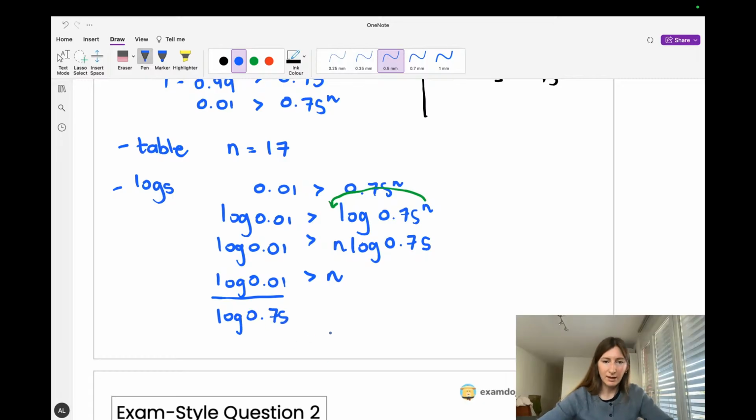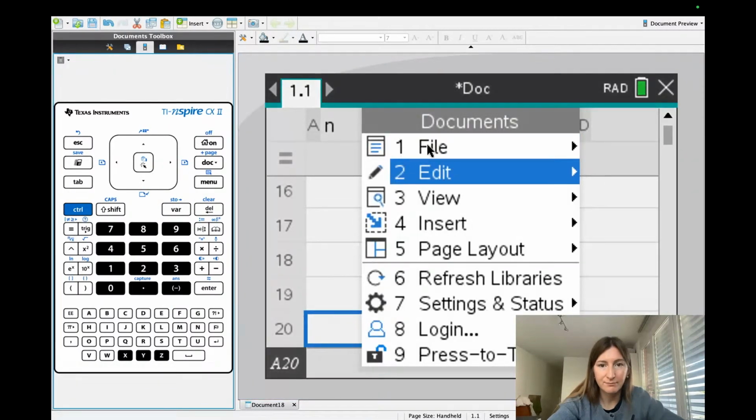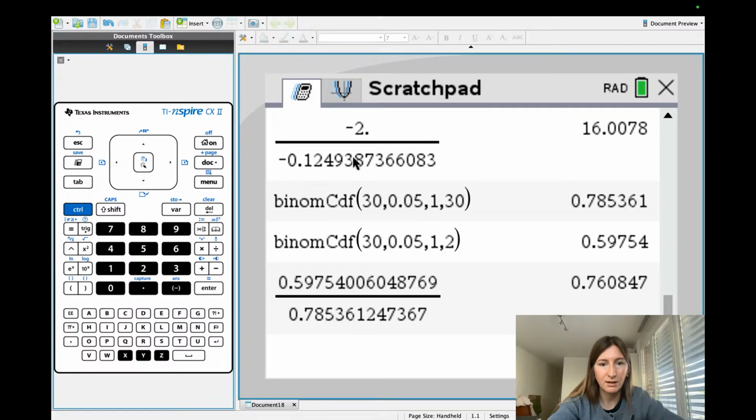Now, quick check here. Anytime you are dividing or multiplying with an inequality symbol, make sure that you are not dividing or multiplying by a negative number. If we are doing that by a negative number, we need to switch the sign the other way around. So I've just divided by log 0.75. Is that negative or positive? Well, let's have a look. Calculate.